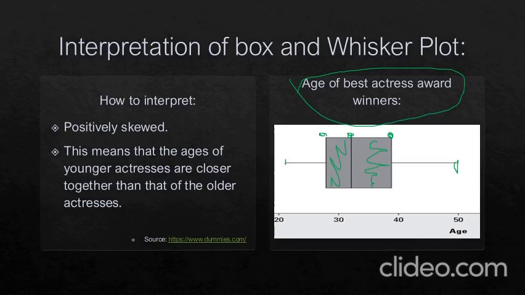And what that means is that the ages of the younger actresses are closer together. So if these are your younger actresses, because the median would be in the middle, it just means that their ages are closer together than the ages of the older actresses.